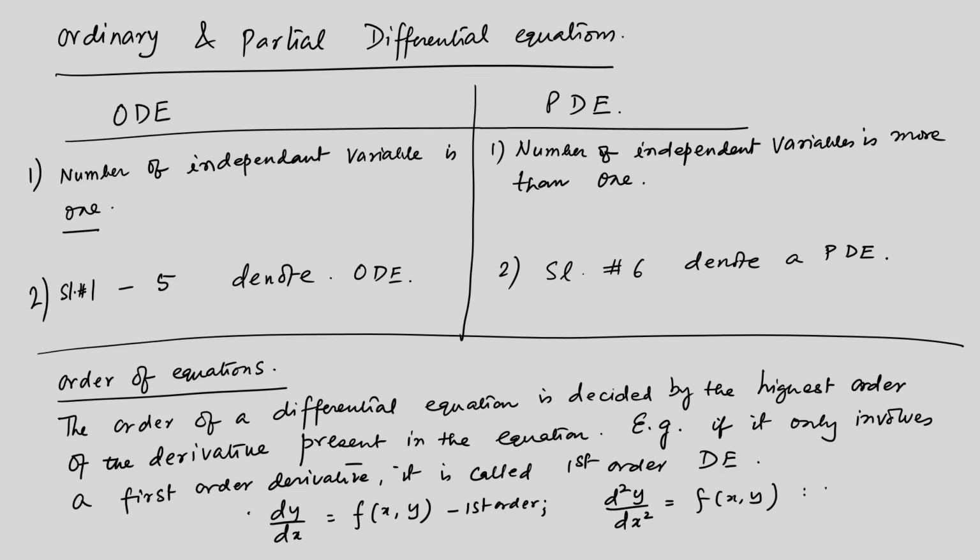So, this is actually a second order DE. Okay. So, these determine the order of the equation. So, we can say that we have a first order differential equation or a second order differential equation depending upon the highest order of derivative that is present in the equation.